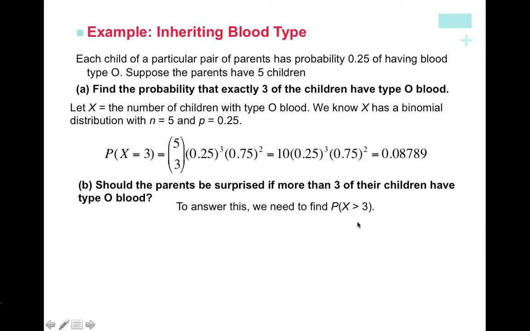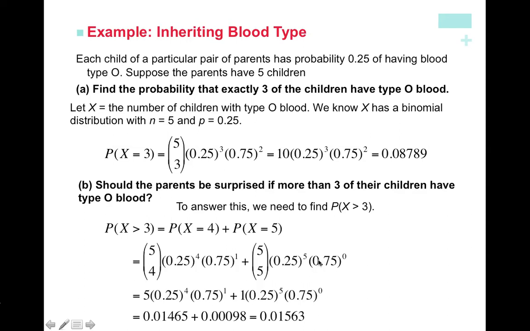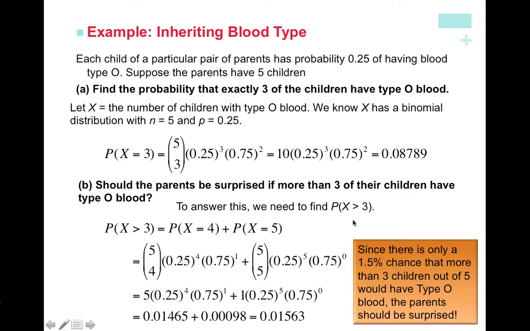So we interpret it to this probability notation, and that means the probability of x equaling 4 or x equaling 5. We do 2 binomial calculations. We crank the numbers, we get 0.01563 as the probability. So I would say yes, since there's only a 1.5% chance that more than 3 out of 5 have type O blood, the parents should be surprised.